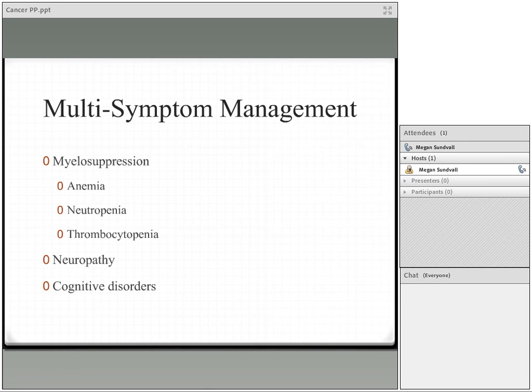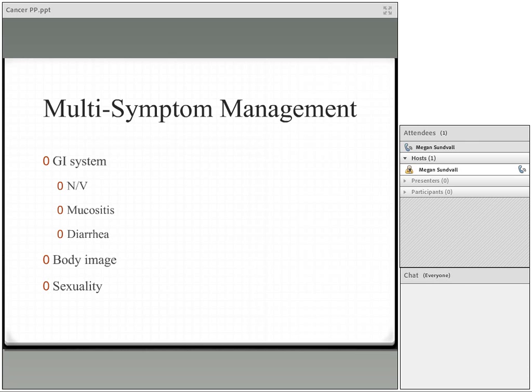Next, we move into the GI system. So, nausea and vomiting. Someone can talk about different types of nausea and vomiting that they're experiencing. Anticipatory is before or during chemo, and it's earlier than expected. This can also occur with radiation.